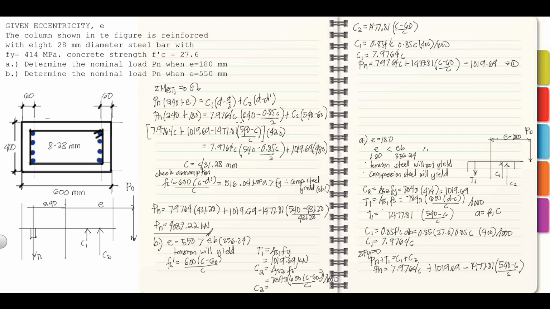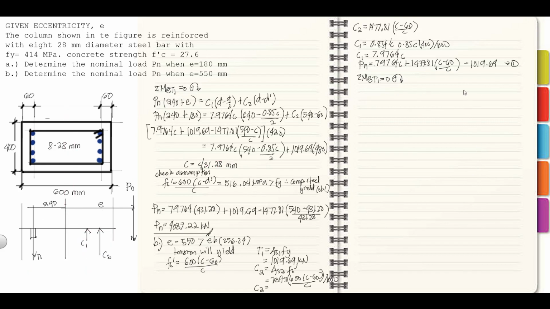Alright? So, yung Pn natin is ito yon. So, we'll have, lagay natin summation moment at T1 is equal to 0, positive clockwise. So, kailangan ko nang burahin yung nasa baba na to. Ito. Okay? Yan.